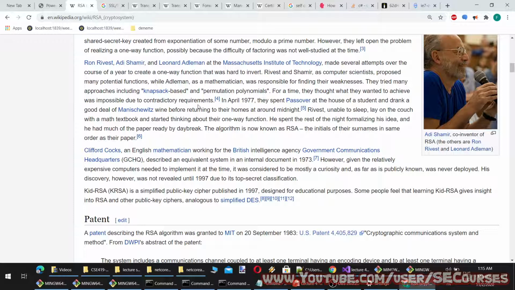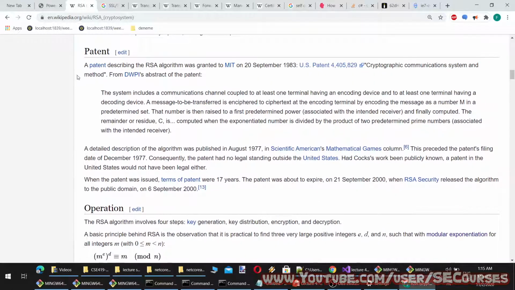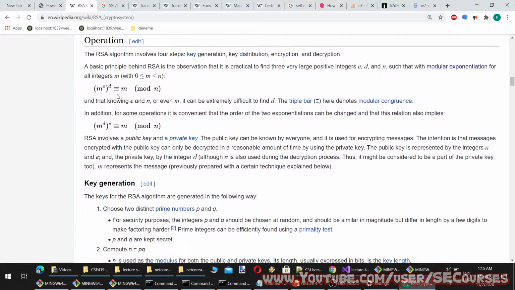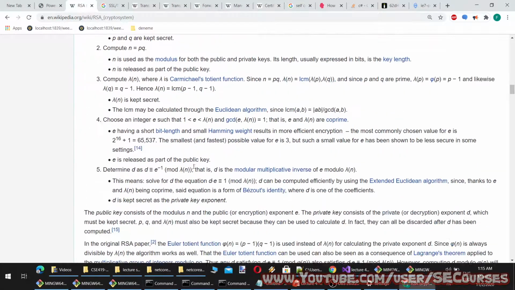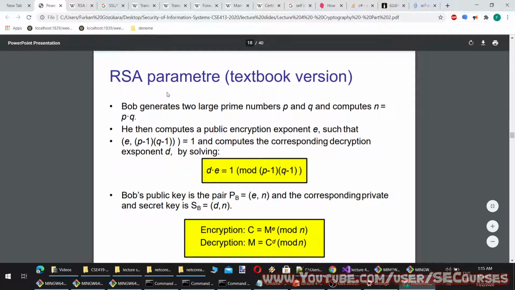If you do a master's degree or PhD, you will be needed to develop a new algorithm, and you will understand what I mean. If you want to know more about that, you can read.